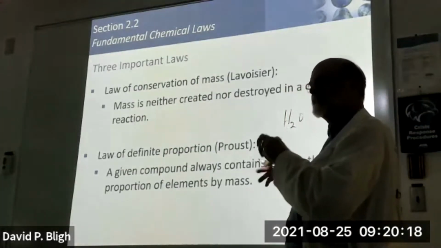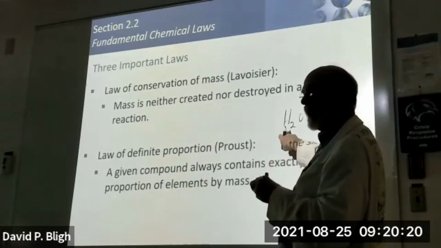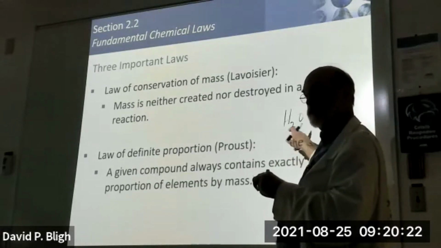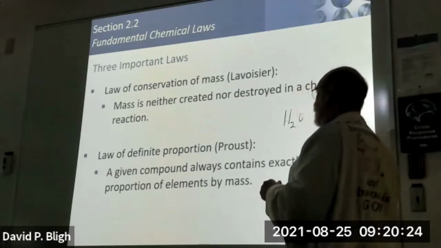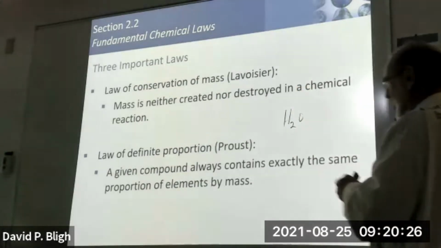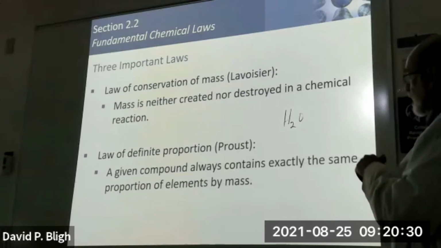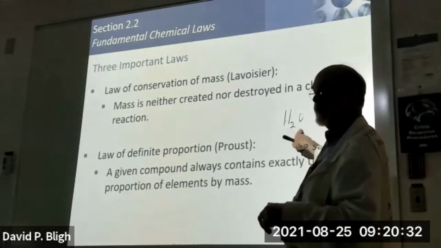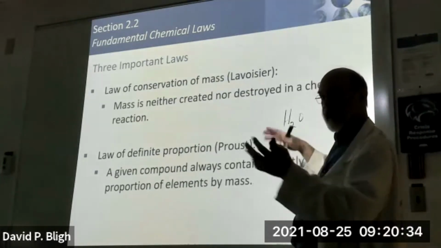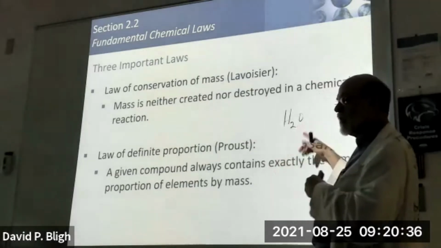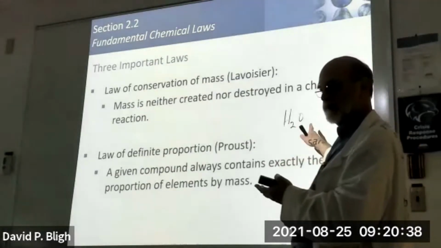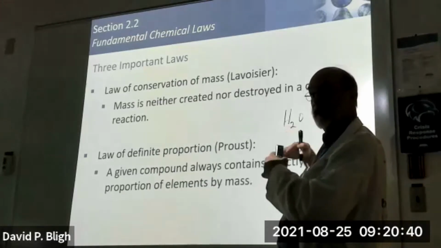They have a different identity than either of the elements from which they're derived. Proust's law of definite proportion said that this proportion by mass, that's all they knew then, was just mass ratios. They didn't know about numbers of atoms yet and how they combine.